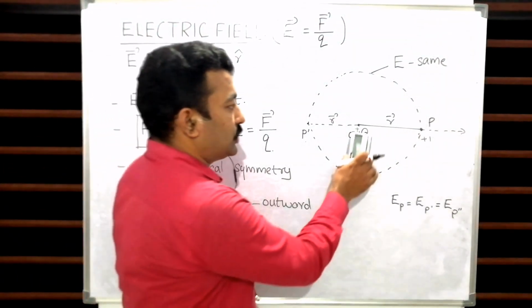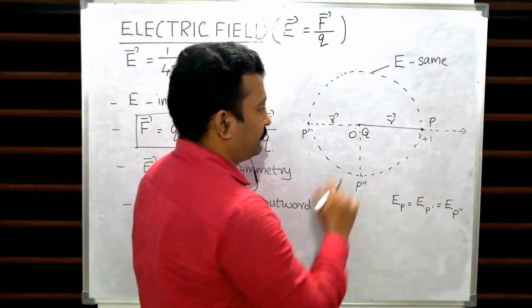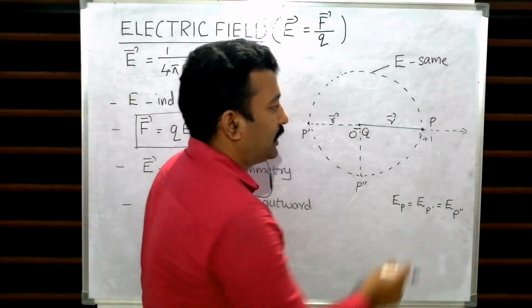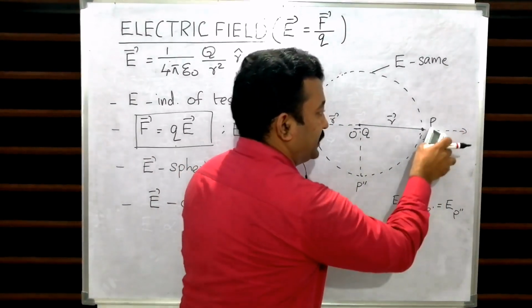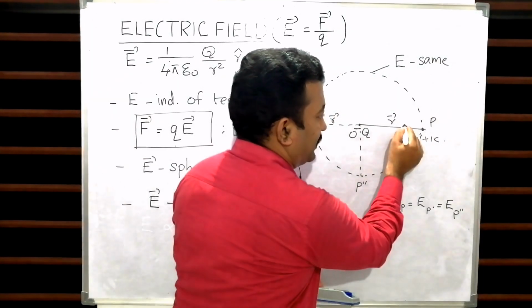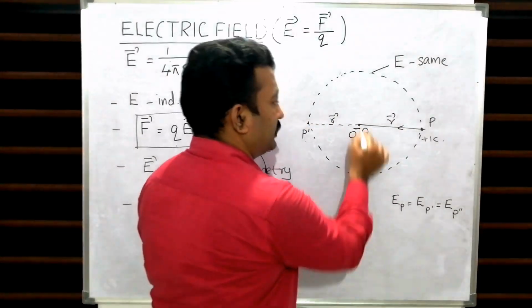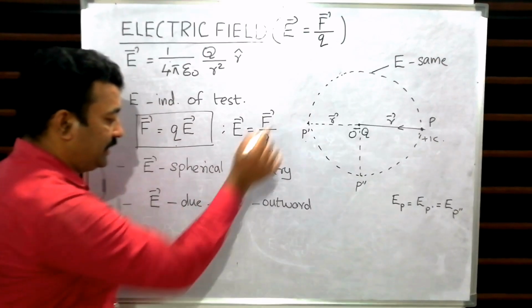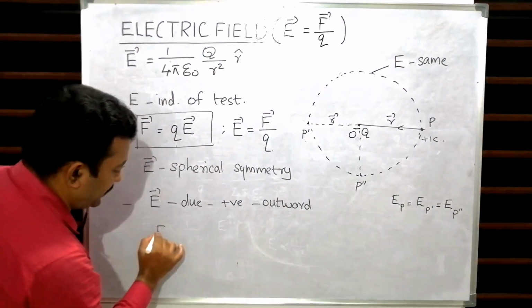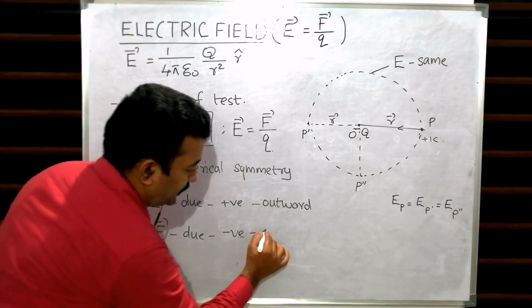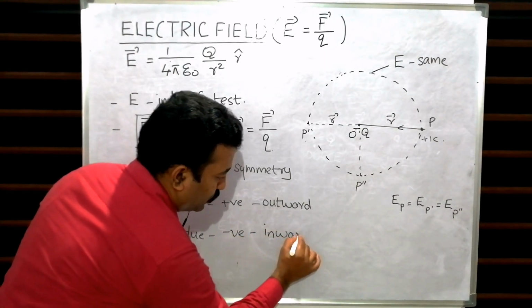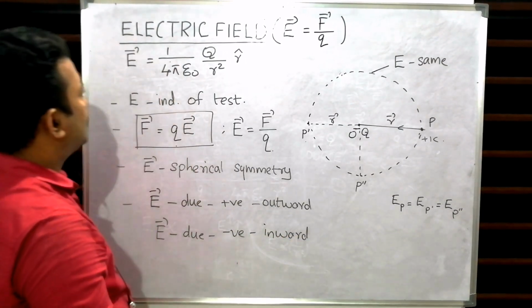What about negative charge? Suppose the test charge is not positive. If this is negative, what will happen for the plus 1 coulomb charge? Instead of repulsion, it will experience an attraction. Here also that will be attraction. That will be radially inward. So electric field due to negative charge will be radially inward.